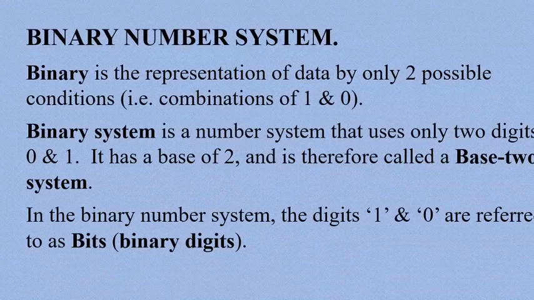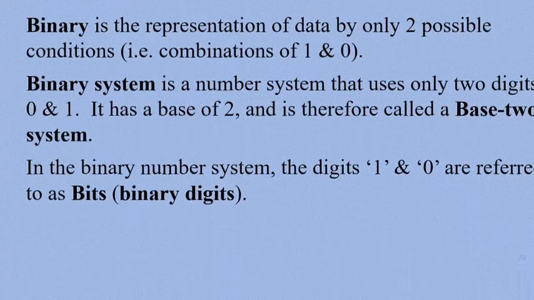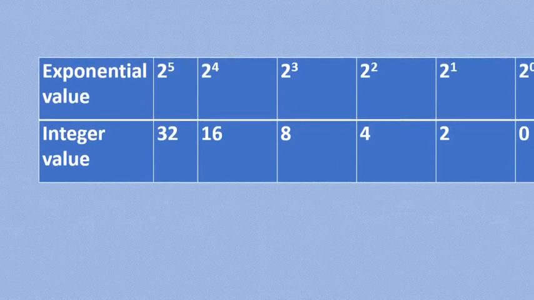In binary number system, the digits 1 and 0 are referred to as bits or binary digits. For instance, look at this number. We have the exponential value, and then we have the integer value. For example, let's start from our right hand side. We have 2 raised to power 0, 2 raised to power 1. Therefore, powers increase as you move to the left.